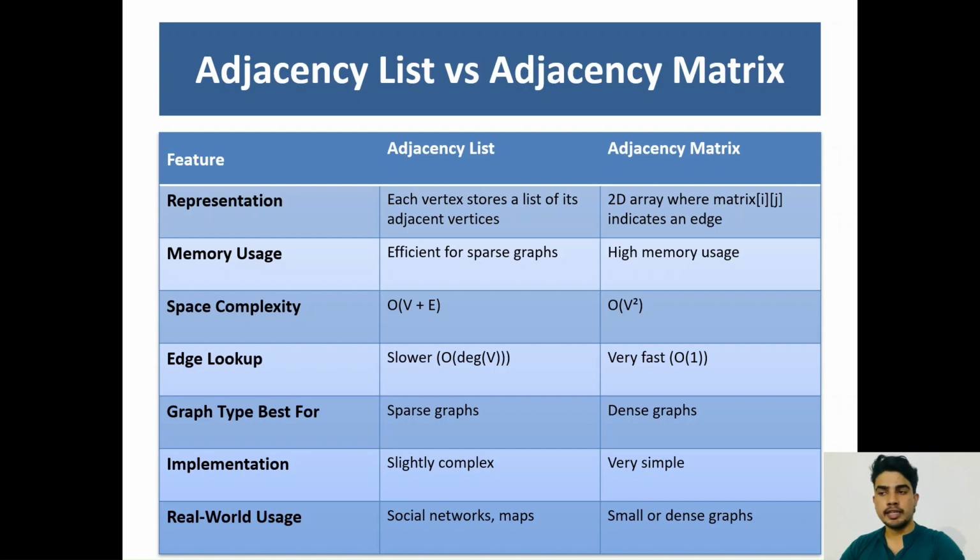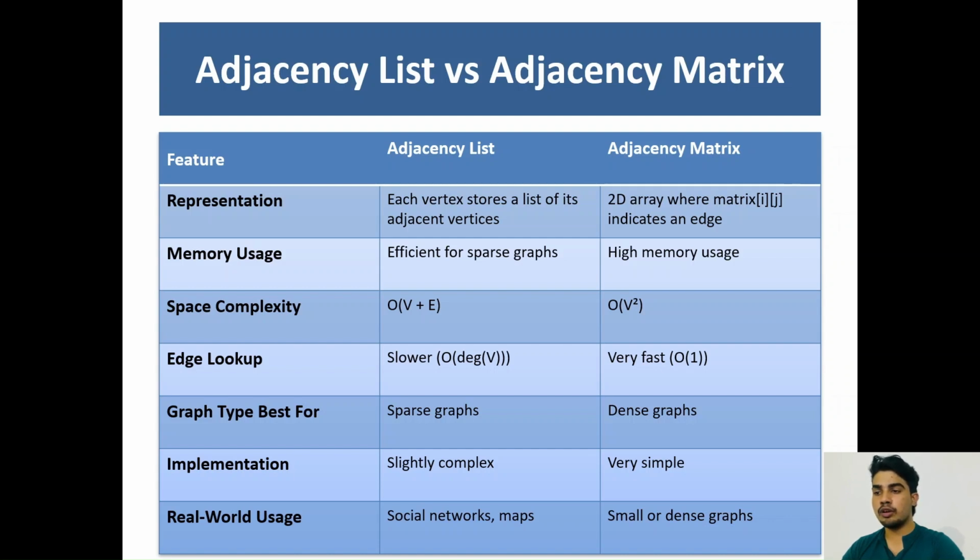With an adjacency list, we need to search through a vertex's neighbors, which takes O(degree of vertex) time. Next, we look into graph type. Adjacency lists are best suited for sparse graphs where edges are much fewer than vertices. Adjacency matrices are more suitable for dense graphs where most vertices are connected.